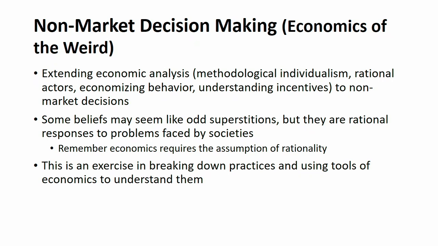Economizing behavior and thinking through incentives to decision making and things going on outside of the market. So there's a lot of beliefs out there that may seem very odd. They may just think they're dumb superstitions, but they're actually rational responses to problems that people face. And they're really clever ways to overcome those problems. So we want to break down some of these odd practices using the tools of economics to help us understand just what the hell is going on in some of these cases.